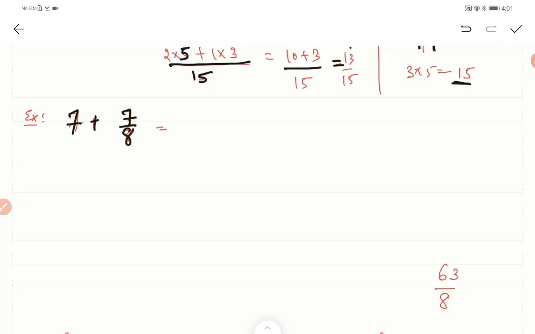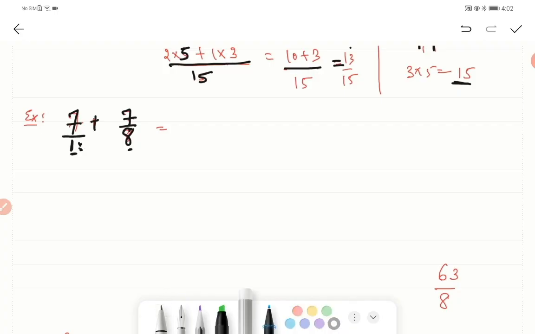If I go by taking multiples, how will it be? Here the denominator is 8. First I will change the 7 into a fraction. I can take 7 by 1, isn't it? So here it is 1 in the denominator and here it is 8. To make both denominators equal, it's easy here, I can just multiply with 8, right? So it will become 8.